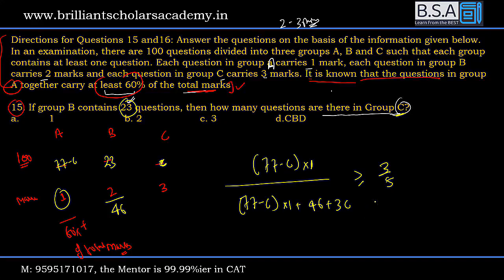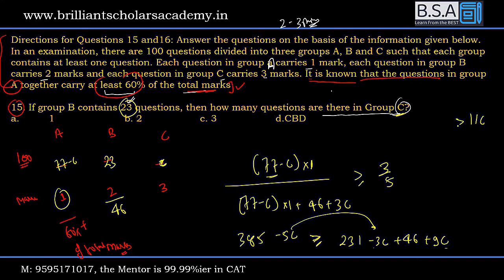Let me solve it thoroughly for you. When I cross multiply by 5, it becomes 5 times (77 minus C), that is 385 minus 5C. On the other side, when I cross multiply by 3, this becomes 77 into 3, which is 231, minus 3C plus 46 plus 9C. Now you have to solve this. You bring it to the right side, it becomes plus 2C. Add it here, it becomes 11C. This is a more than or equal to sign. You transfer these to the left side.